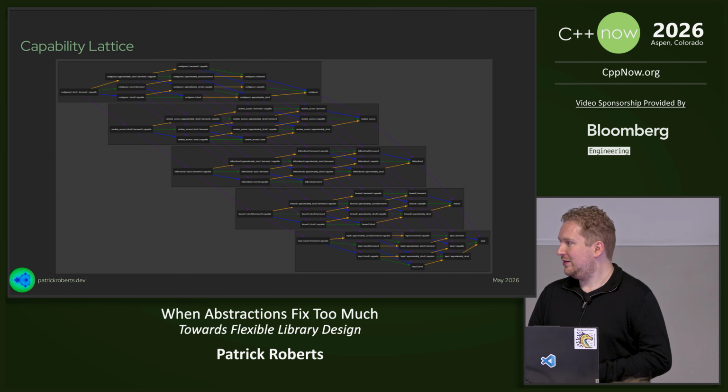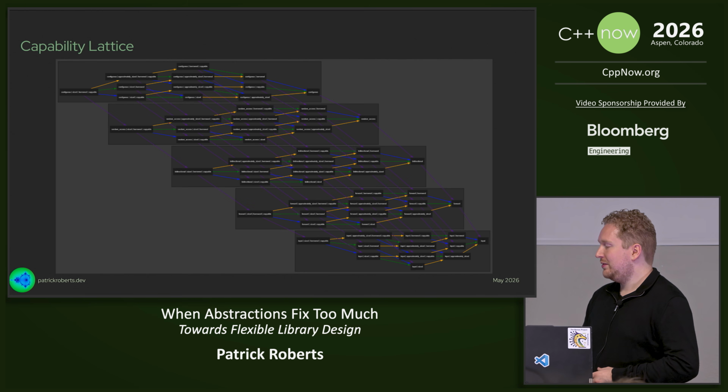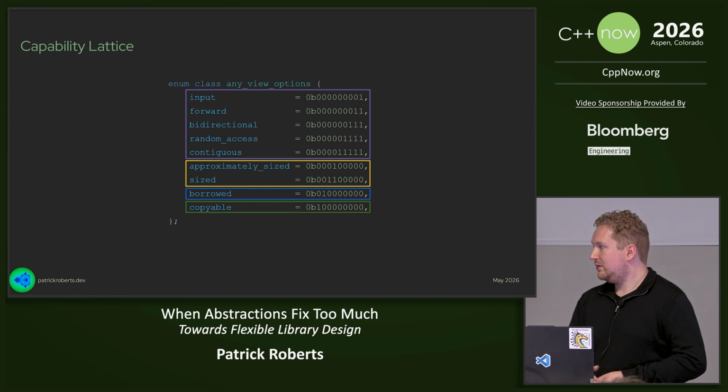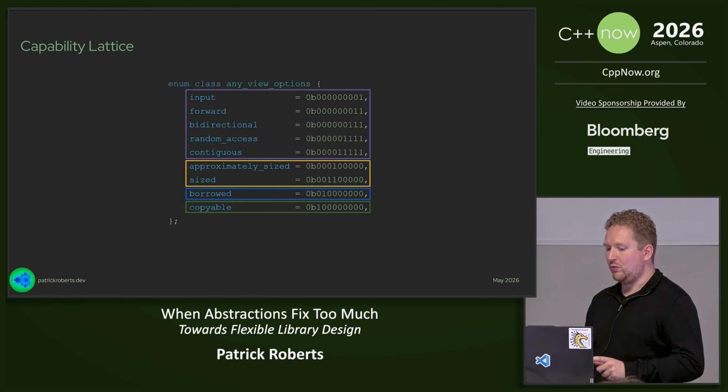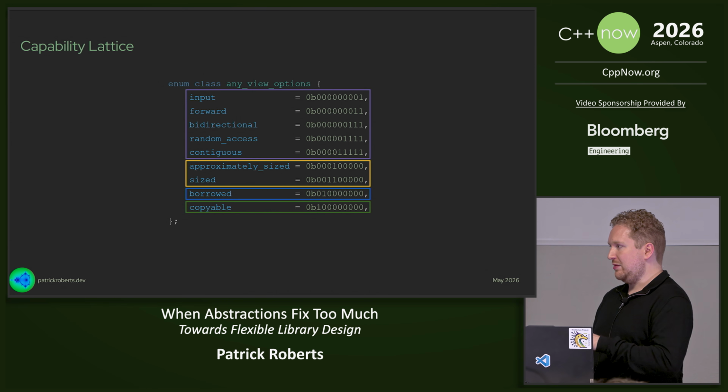So how many witness pointers are there? Because you said there were 4 capabilities, but 2 of them didn't require one. Borrowed does not require one, but the iterator category does require one. The sized and the copyable require one. But the thing about the iterator category is that that's actually the witness table of the existential iterator, not of the existential view.